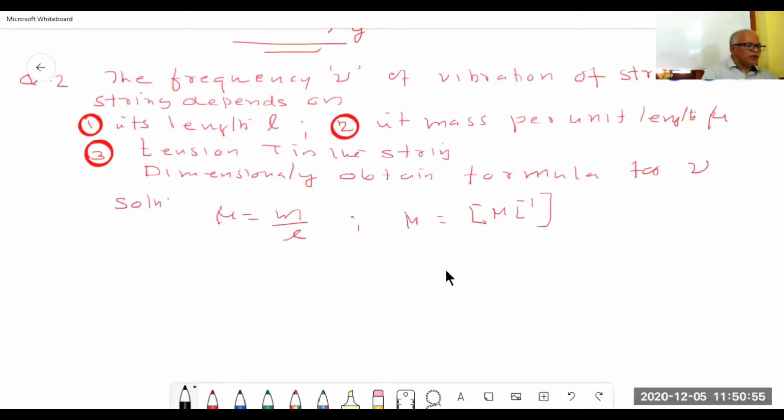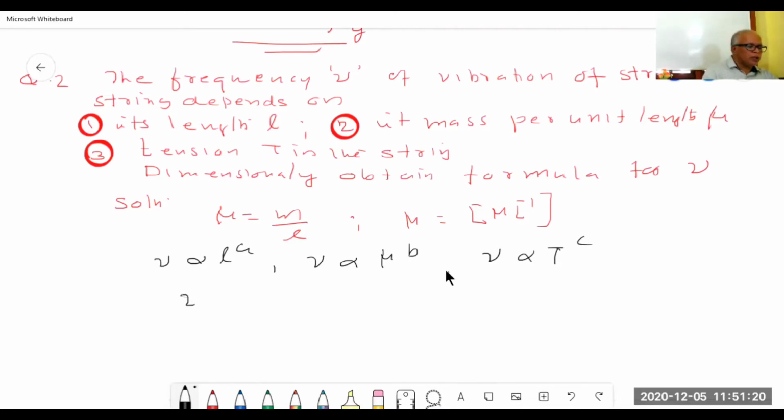Nu is proportional to length L raised to A. Again, nu is proportional to mu raised to B. Lastly, nu is proportional to tension. Tension is nothing but a force. T raised to C, tension, not time. So these occur together.